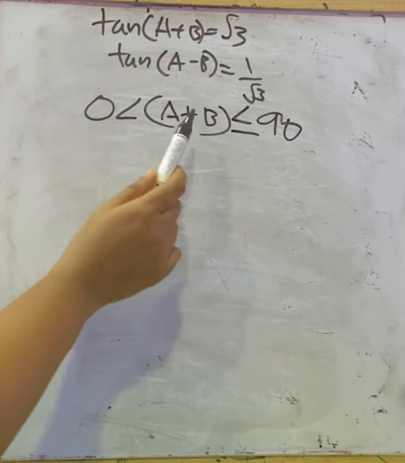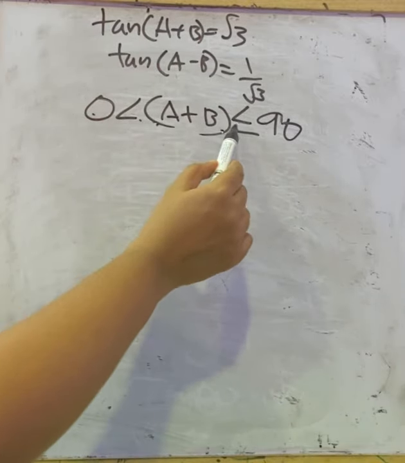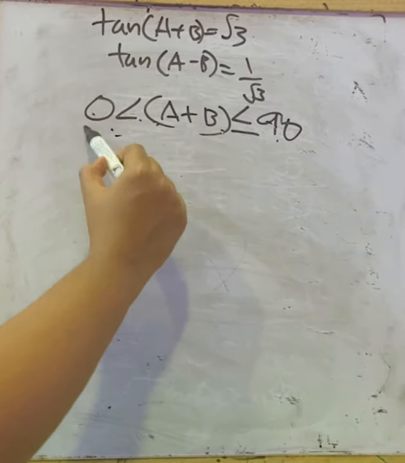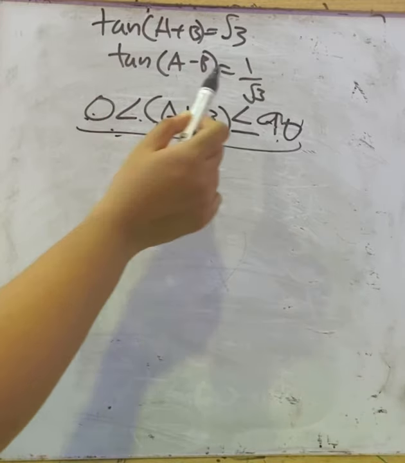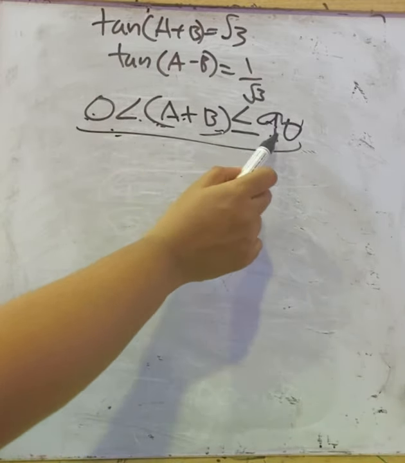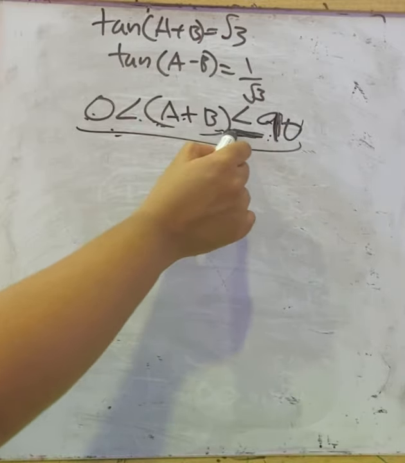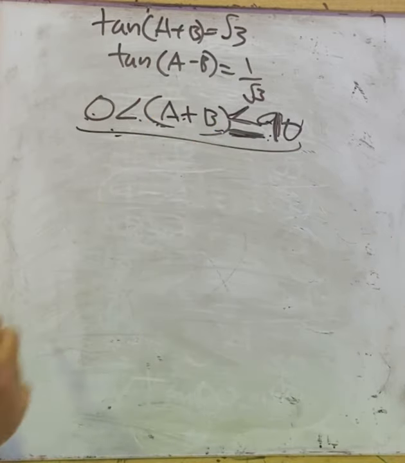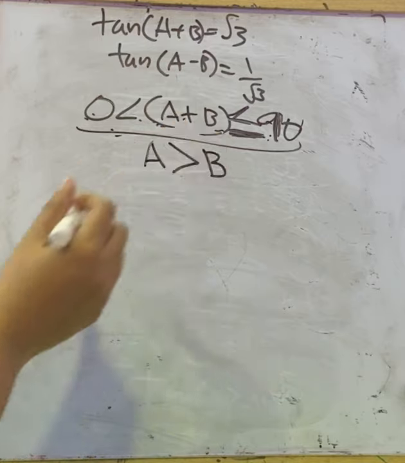That is, A plus B is always greater than 0 and it may be 90 or a value between 0 and 90. This shows A plus B lies between 0 and 90, but it can also be 90. That is why we put equal here. So this is less than 90 or equal to 90. Also we have A is greater than B given in the question.